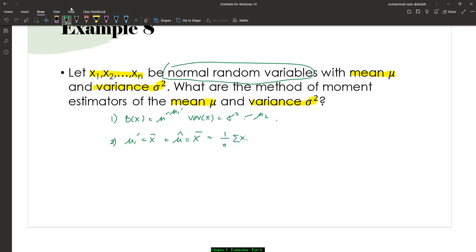Mu2 equal to sigma squared, so sigma squared is equal to 1 over n summation of xi minus x bar squared. So we know the estimators for mu and variance. That's all, very simple.